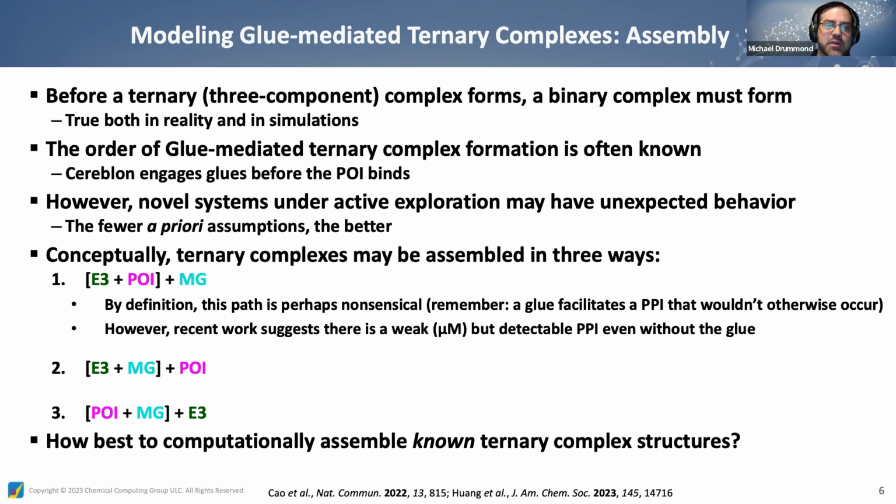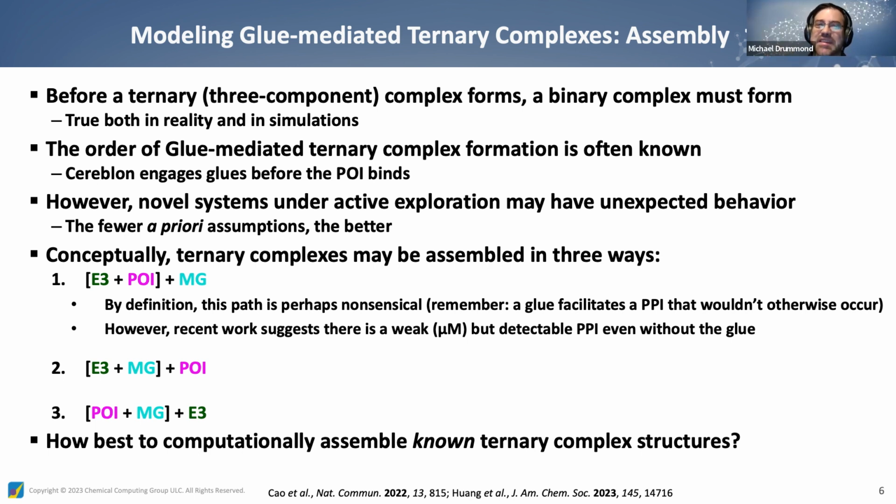Now, this first one I enumerated might seem a bit odd because I told you in one of my first slides that glue facilitates a protein-protein interaction that wouldn't otherwise occur. However, there has been some recent work, and here's a couple references down here, where they actually find a baseline level of weak but certainly measurable protein-protein interaction between your 2 proteins, even without the glue present.